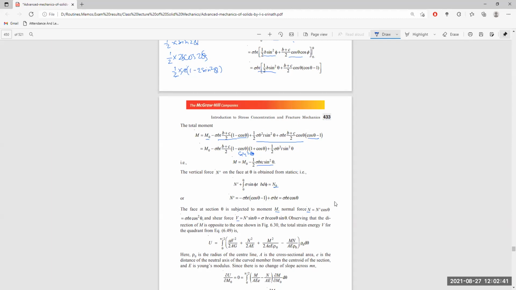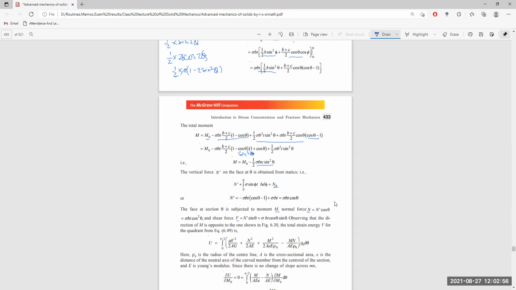So observing that the direction of M is opposite to the one in the figure, the total strain energy will become alpha V square. Alpha is the coefficient, V is the shear stress, L by 2 EG.